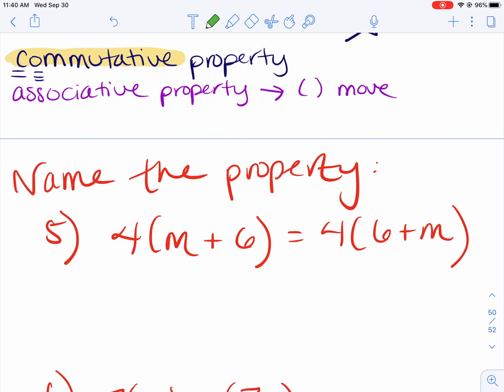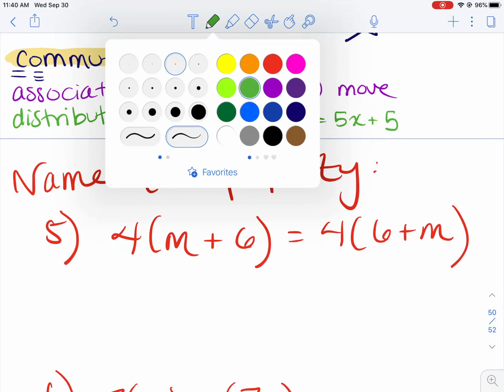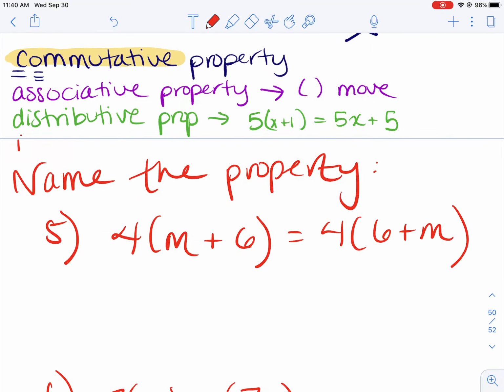And then we also have, we just reviewed, distributive property. The trick with distributive is you start with parentheses, like in our last example, and when you distribute, you're left without parentheses.